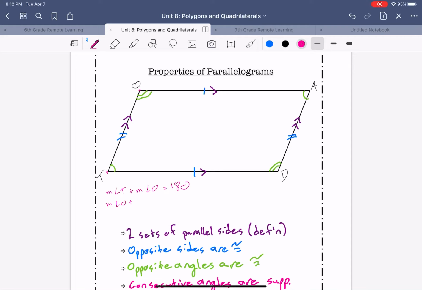Similarly, the measure of O and the measure of A is 180. The measure of A and the measure of D is 180. And D plus the measure of T is 180. Consecutive angles are angles that are not opposite, that come one right after another. They share a side. So all four sets of consecutive angles are supplementary.